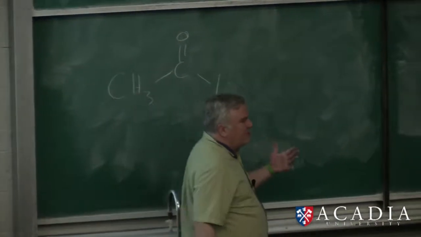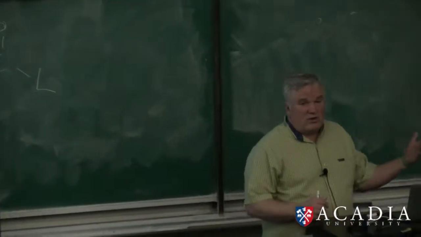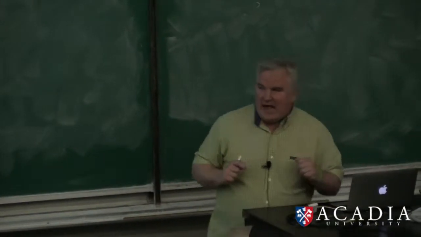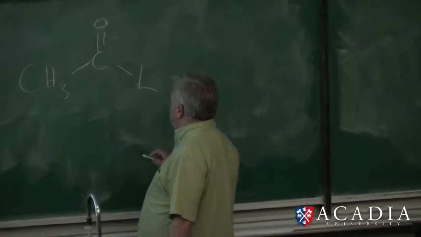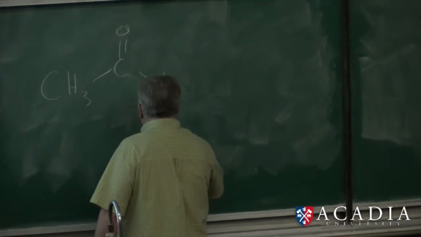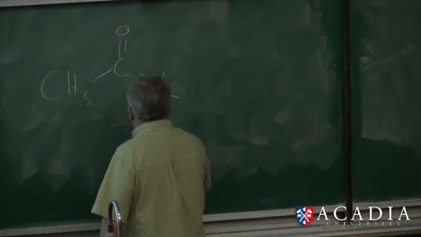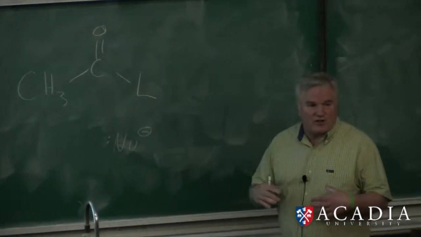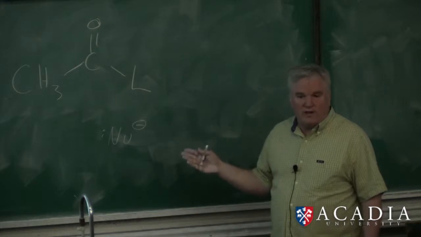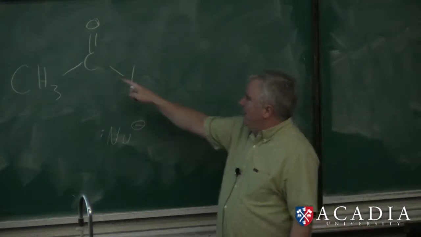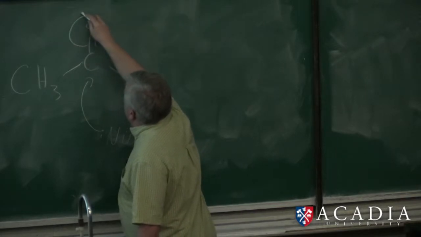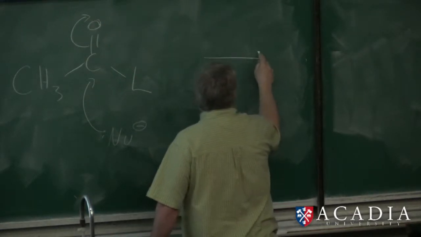And remember, a leaving group is a nucleophile that's not very good because it prefers to leave rather than attack. And then we have some nucleophile. We're going to use a strong, negatively charged nucleophile. The reaction is the same as we've always seen. The nucleophile attacks the carbonyl group at the carbonyl carbon, and we just push our other electrons up onto the oxygen.